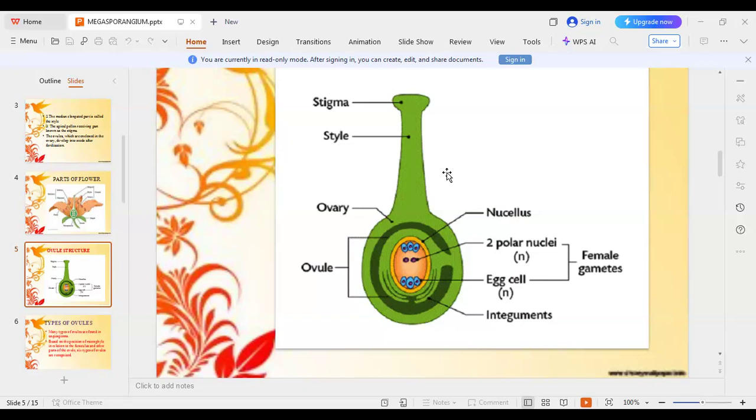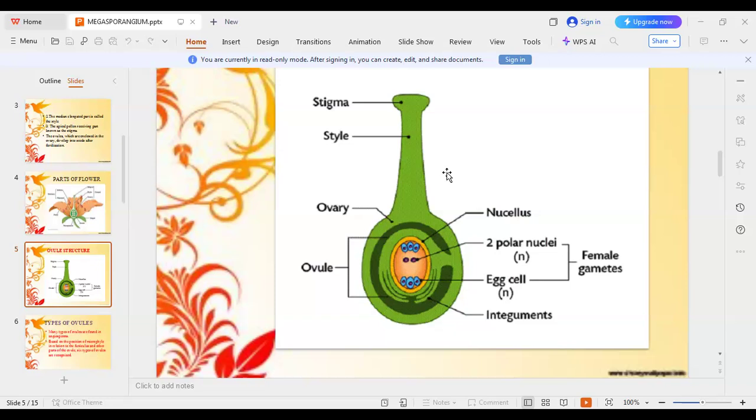In Santalum and Loranthus plants, there are no integuments. From the entrance exam point of view, these are very important. In these two plants there is no integument, but in Compositae or Gamopetalae there is only one integument.